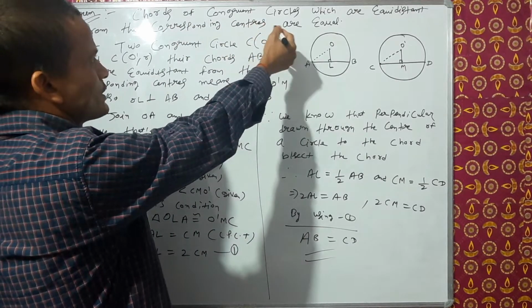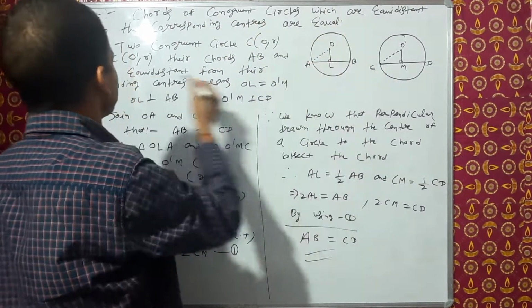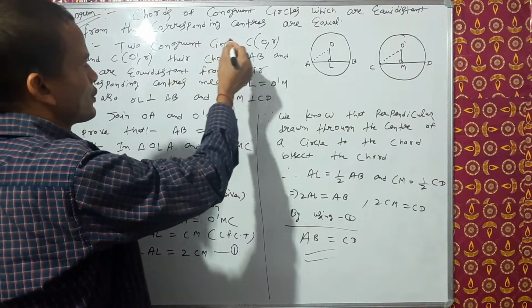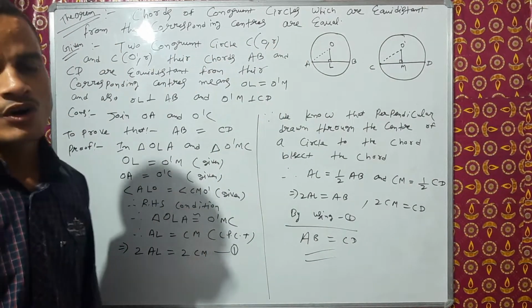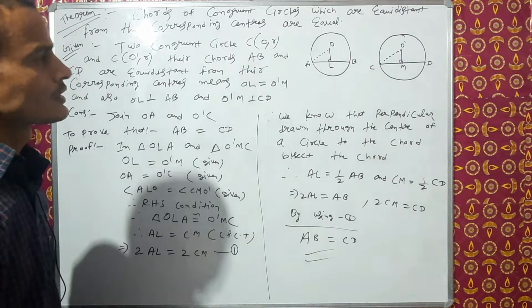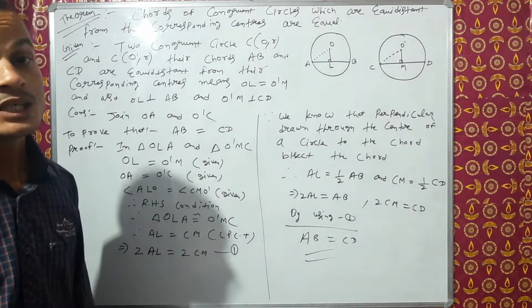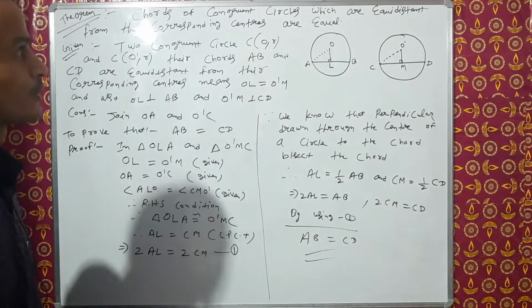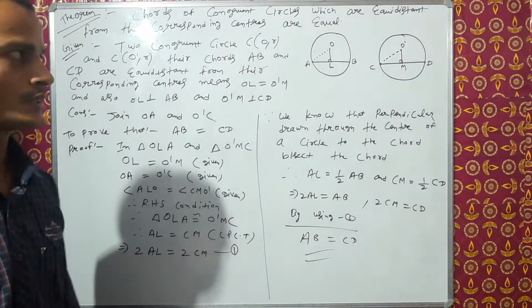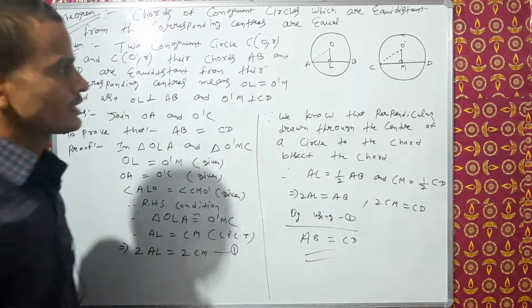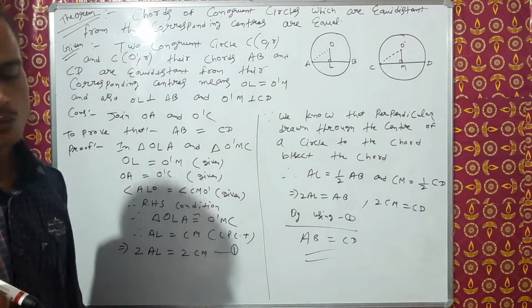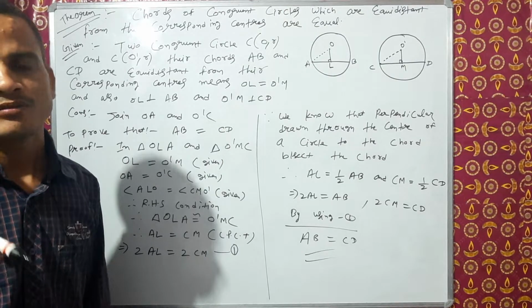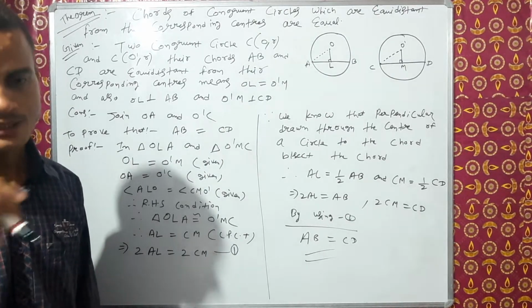Chords of congruent circles which are equidistant from their corresponding centers are equal. So here it is given that two circles are congruent. Two circles are congruent when their radii are equal.